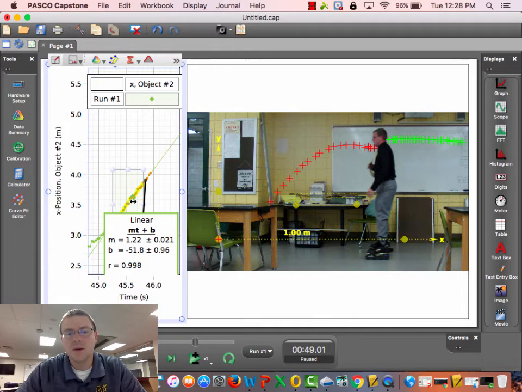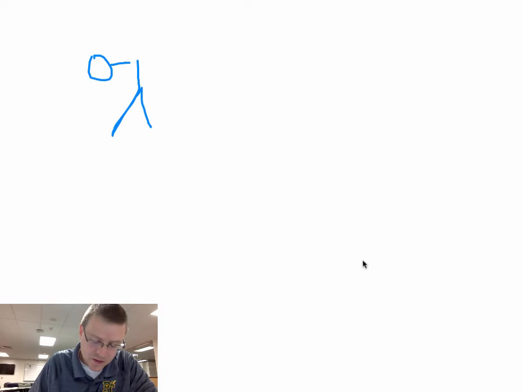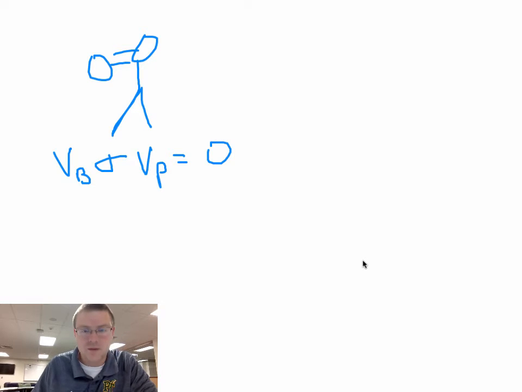So let's set this problem up now and see if we have momentum conserved the entire time. So setting this problem up, there is the ball. Here is myself on the skates throwing the ball, and initially the velocity of the ball and the velocity of the person were 0. So if I want to conserve momentum here, I've got to say that my momentum in the beginning must equal my momentum at the end.